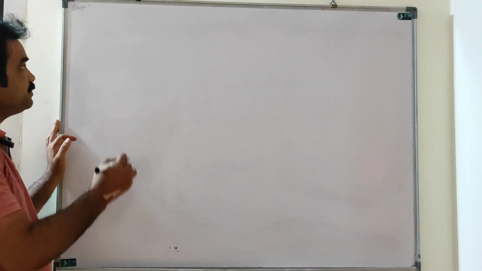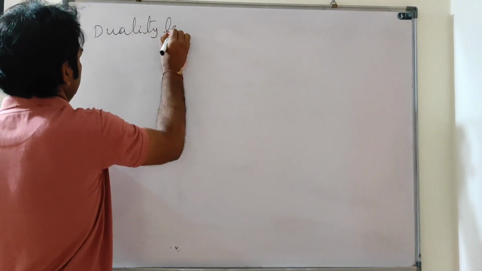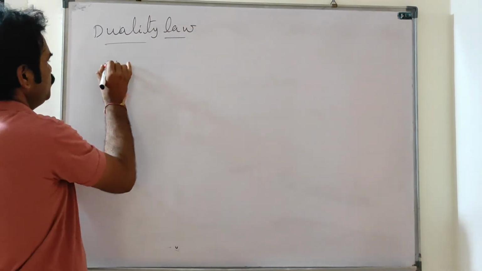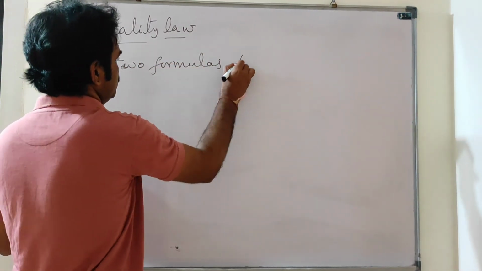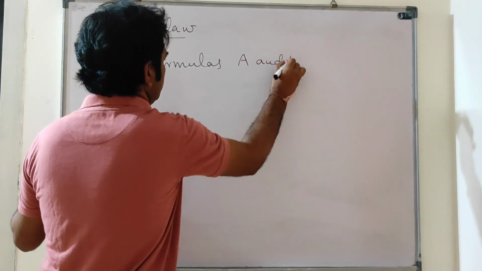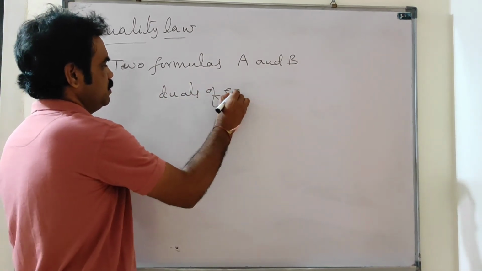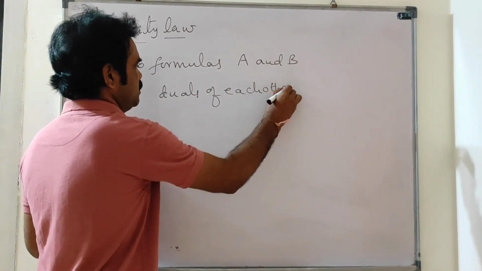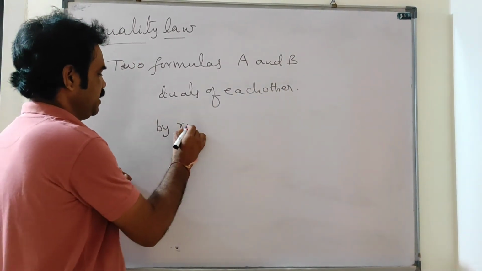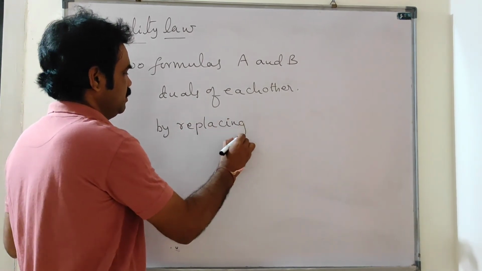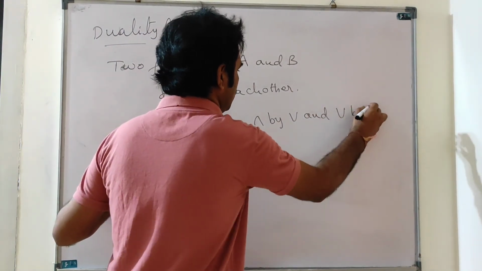Understand? Definition: duality law. Two formulas A and B are said to be duals of each other if one can be obtained from the other by replacing and by or, and or by and.